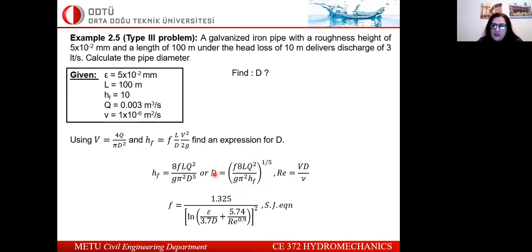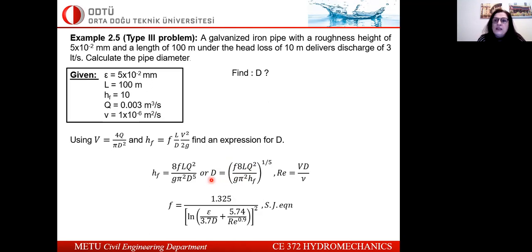Now, if you look at this relation, I know the length, I know the discharge, g is gravitational acceleration, HF is the friction loss that is given. So I know every term here other than F. So what we do is we put those numerical values in to write D as a coefficient times F to the power 1 over 5.